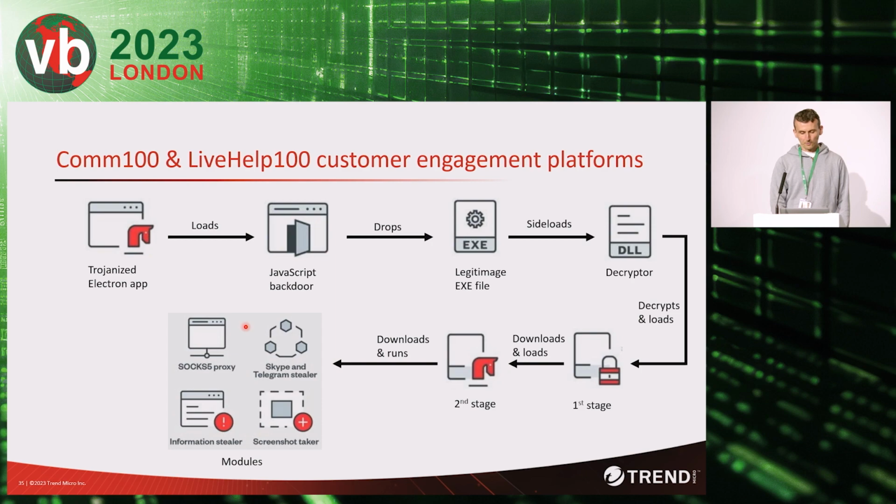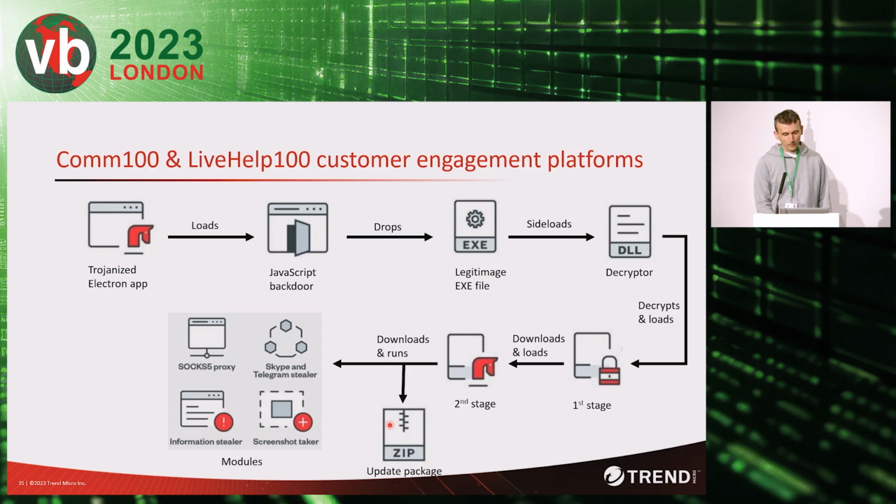The modules can be SOCKS proxy, Skype stealer, Telegram stealer, general information stealer, and a tool for taking screenshots. It can download zip packages with the update package with the new versions. So there are many things which can happen.